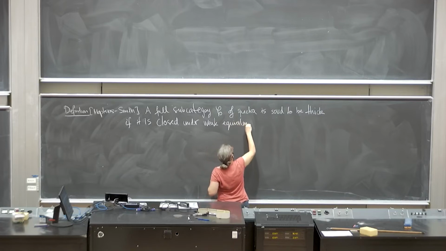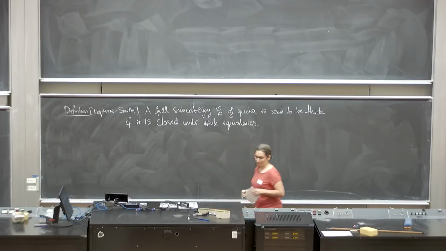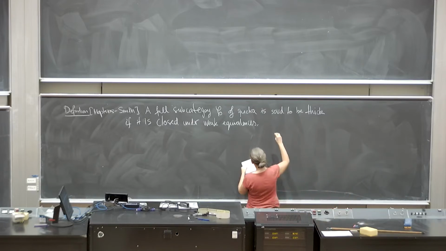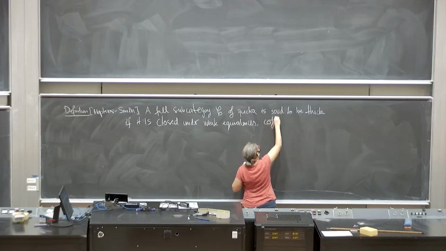That means that if a spectrum is in C, all other spectra which are weakly equivalent to it must be in C. And under cofiber sequences.